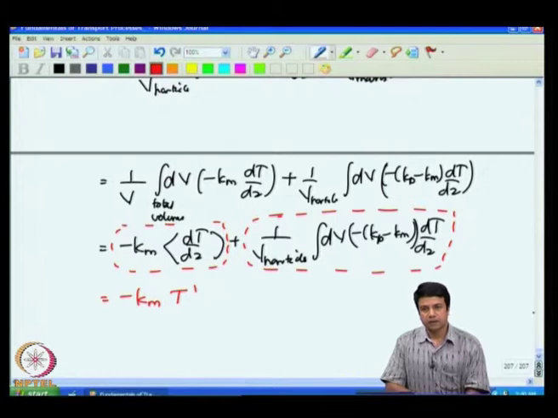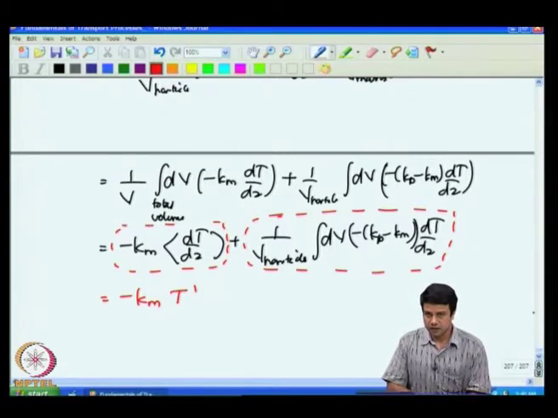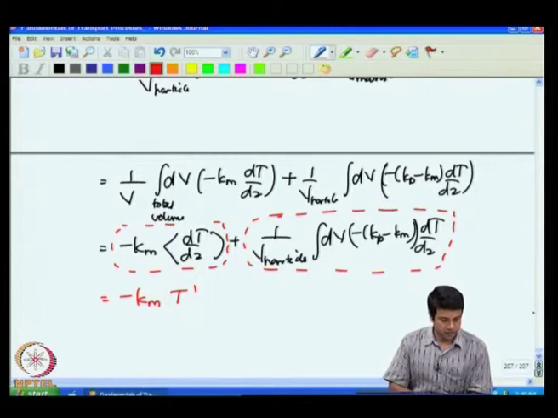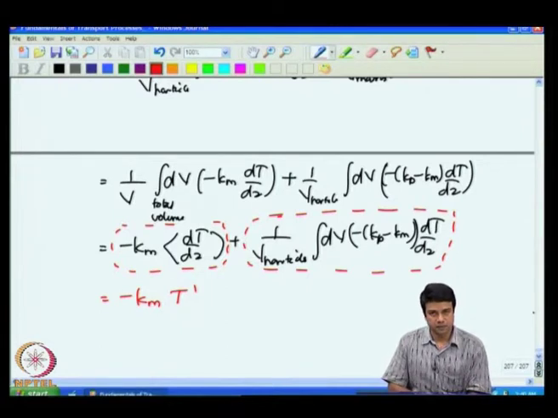However, at the beginning I had made the assumption that the system is dilute, so that the presence of one particle does not affect the temperature field around the second particle. In addition, this depends only upon the temperature gradient locally near the particle.